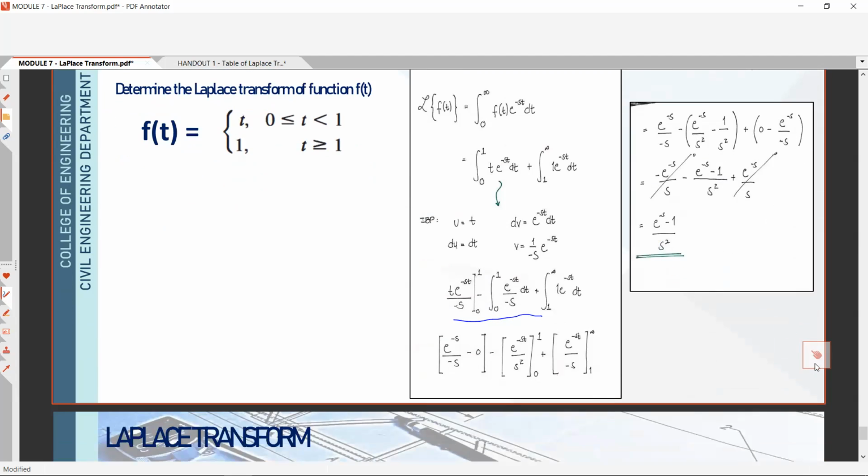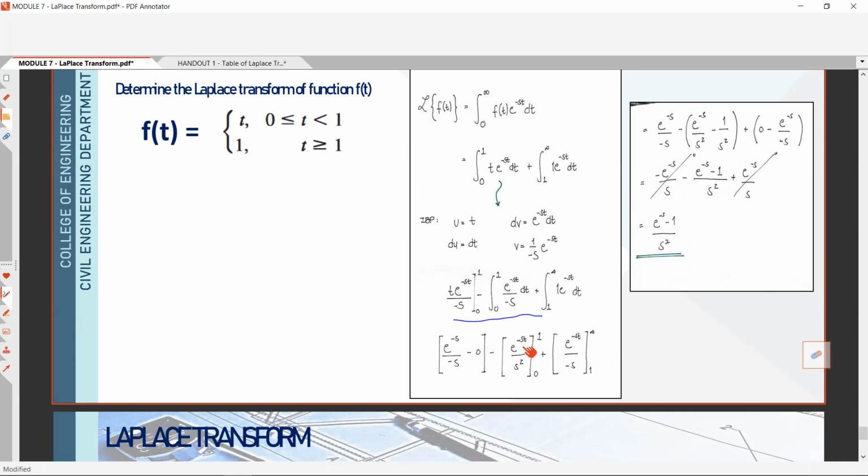So now let's evaluate, from 0 to 1 for the first, then 0 to 1, and 1 to infinity. From 0 to 1, upper boundary first: plug in 1. What is left here is e raised to negative s over negative s, and plugging in 0 makes it 0. So that is the evaluation of the first term. Now the evaluation of this term. We know that the integral of this is e raised to negative st over s squared.